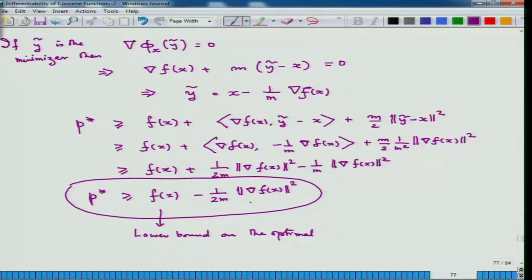Here I have used the fact that this inner product is nothing but norm grad f x square. So, give me any x, then I can provide you a lower bound to p star; p star will never go below this value. P star might be much above this value, but it will never go below it.